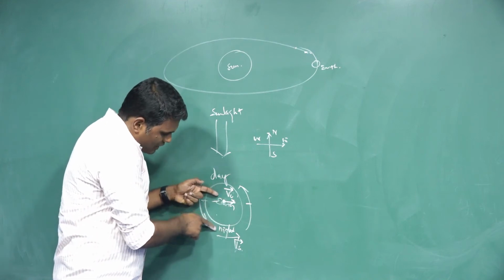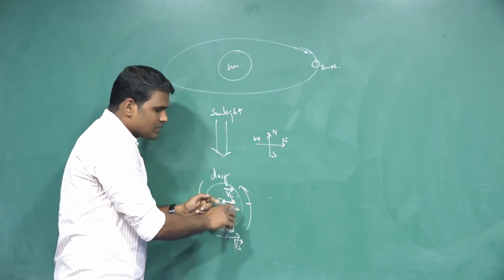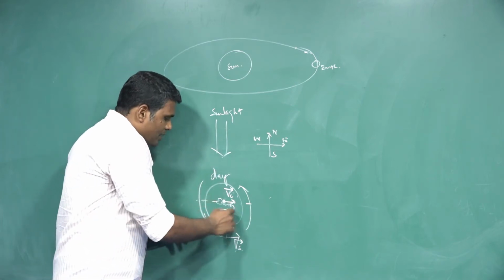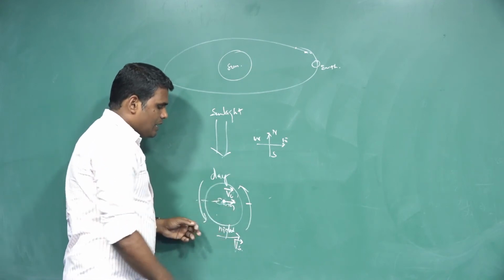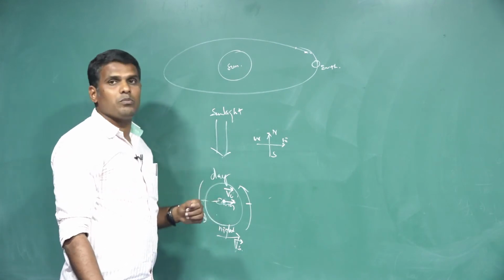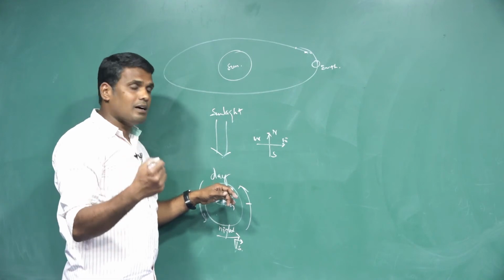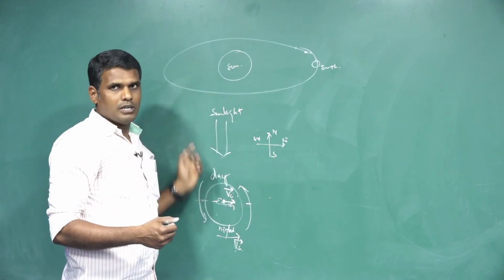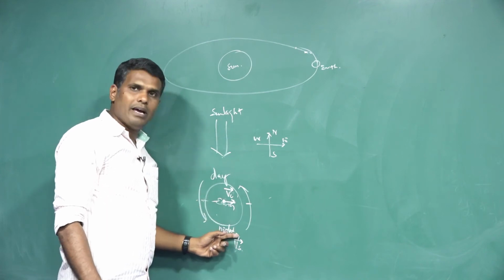When this comes along this direction, it makes some acute angle, and when it goes like this, it makes some acute angle. So, in this lower half, during night time, the velocity possessed by the objects on the surface of Earth due to its spin motion, and the velocity of the center of the Earth due to its elliptical motion around the sun, both will be acting along the same direction.